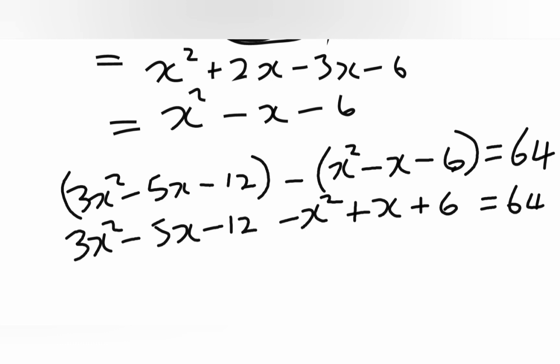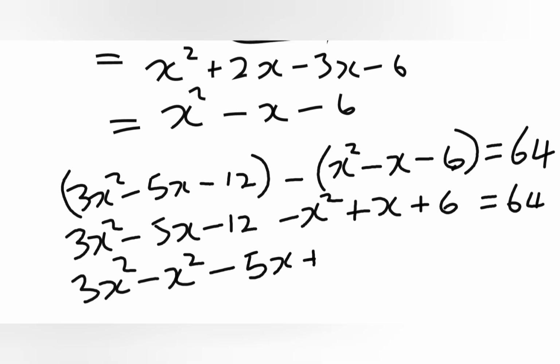In the next step, we're going to group like terms. So we're going to have 3x squared minus 1x squared, or x squared. Then we're going to have minus 5x plus 1x. And then we're going to have minus 12 plus 6.